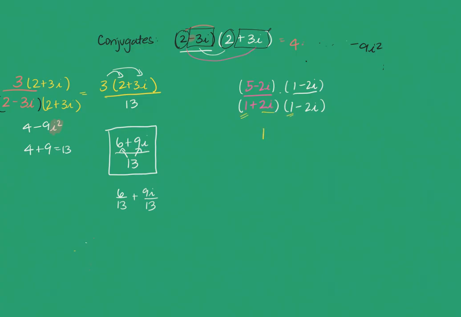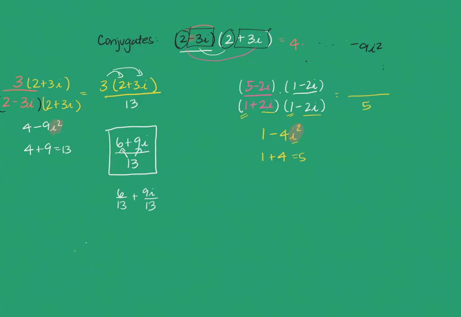We multiply our last terms, minus 4i squared. This is going to become 1 plus 4 because, if you remember, i squared is negative 1. So negative 4 times negative 1 is going to equal plus 4. So 1 plus 4 is 5. So we have successfully made the denominator 5.